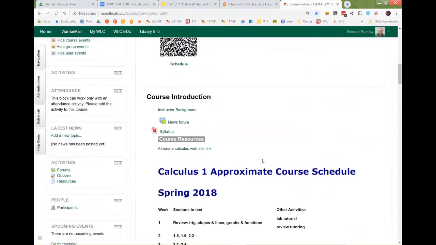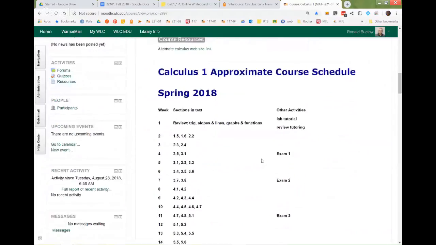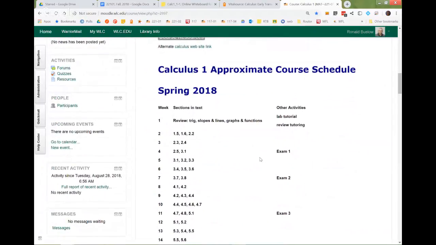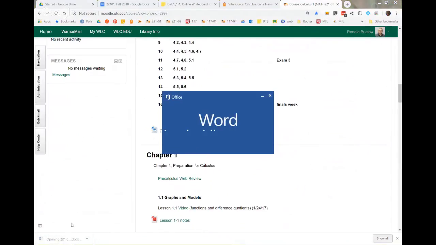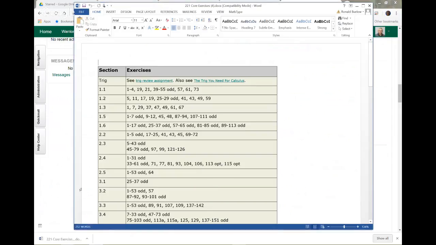And then the other thing I wanted to show you is after the approximate course schedule listed on the website, there's this link here called Core Exercises. That's got all the assignments in it for this semester. When you click on that, it's a Word document. I'll just show you what it looks like. You'll see that for each lesson there are the problems.